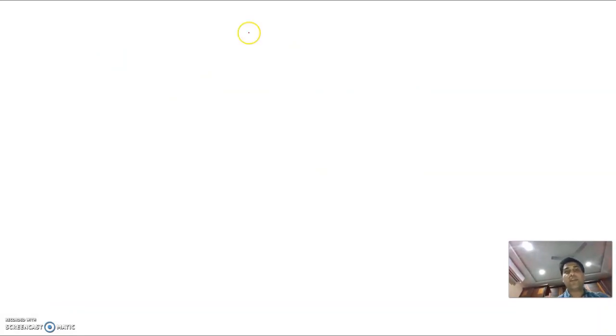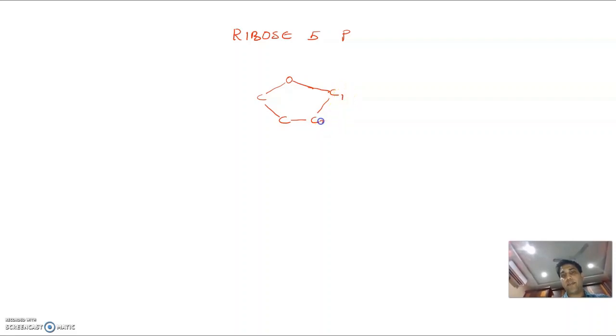So what happens to this ribose 5-phosphate? There is a ribose, C1, C2, C3, C4 and C5.